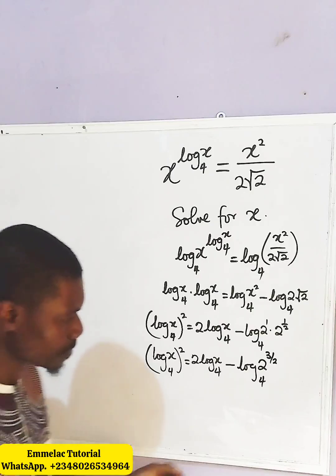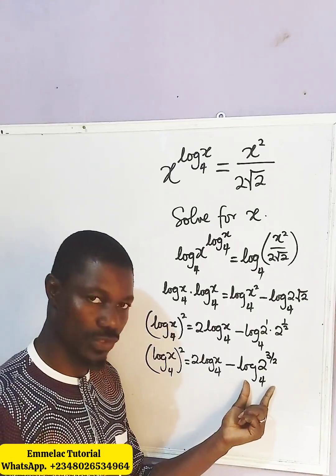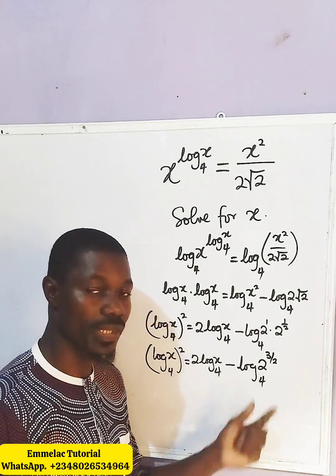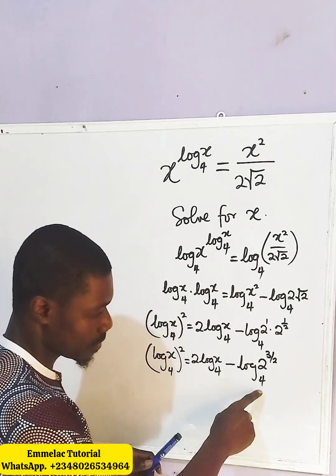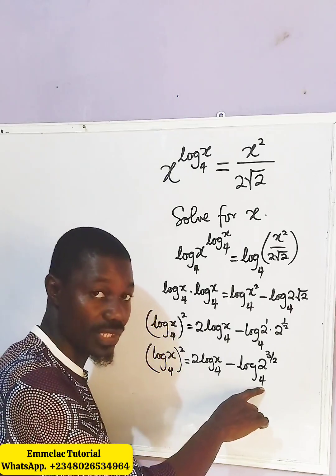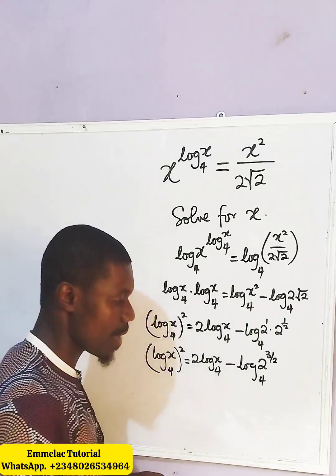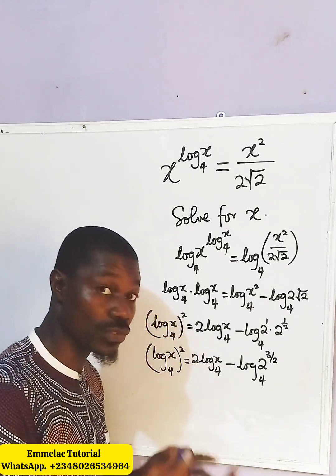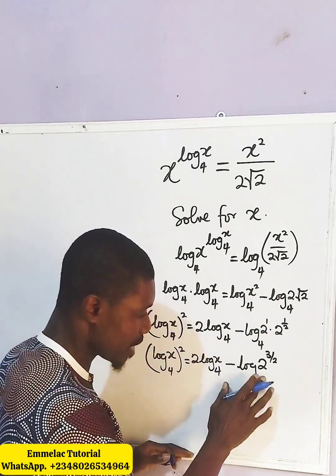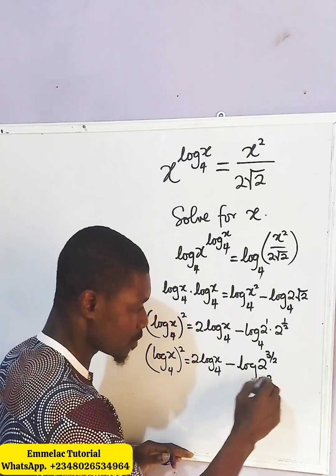Now we can still reduce this part. We can reduce our base here to the base of 2, and by doing that we will have 2 raised to the power of 2. So let me clean this and write 2 raised to the power of 2.